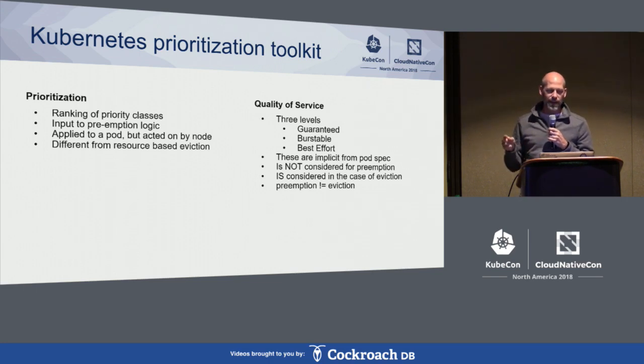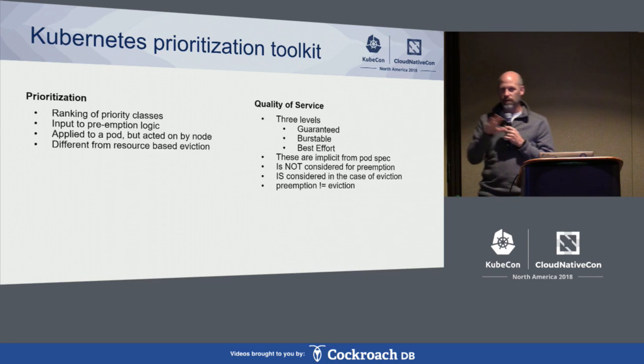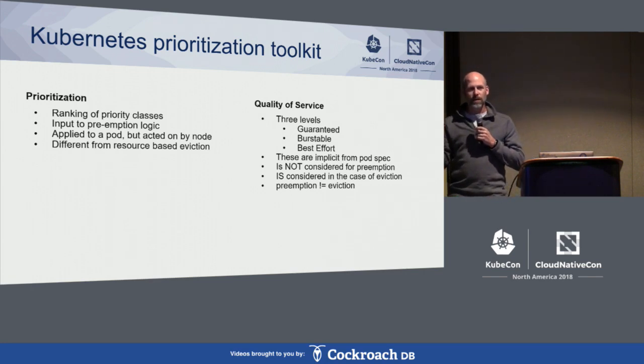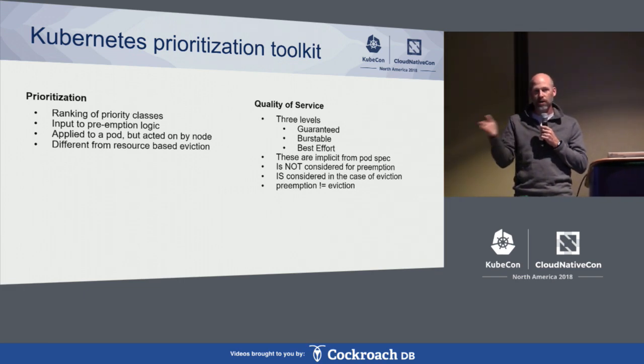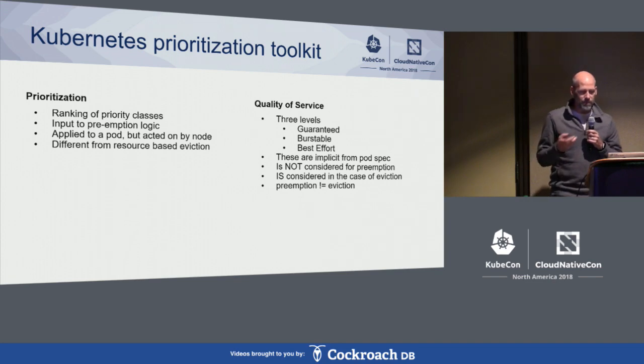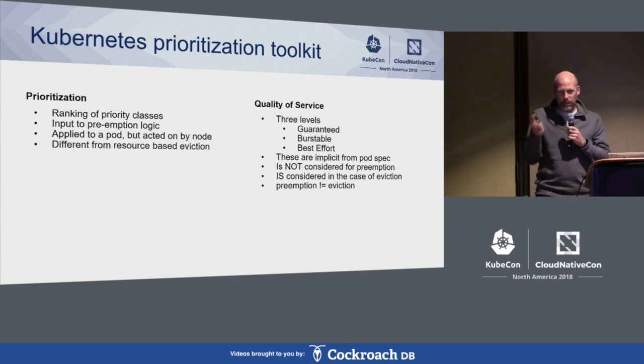And what's interesting is that the prioritization tools and the quality of service implicit label are actually orthogonal to each other. So when the scheduler is looking to preempt pods by looking across nodes to see where there are some lower priority pods, it does not consider quality of service. So this is, I think, deep Kubernetes level.